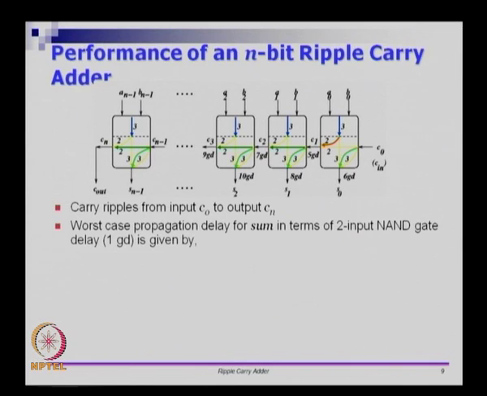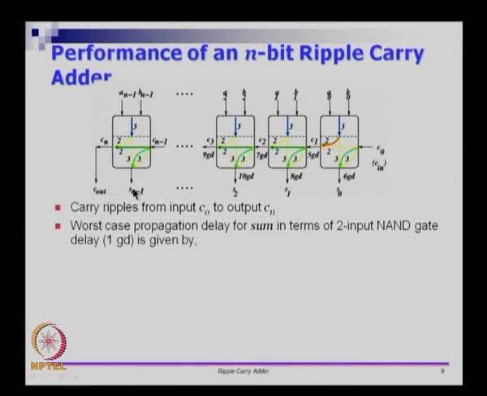So the worst case propagation delay for sum, Sn minus 1 will be the very last bit that will come out, and the longest path will be this one going through this set of carries all the way to this A0 B0. You can see that this carry chain or ripple carry, a carry that is changing may eventually come and change here, and from there it will take 3 time units for Sn minus 1 to settle down.